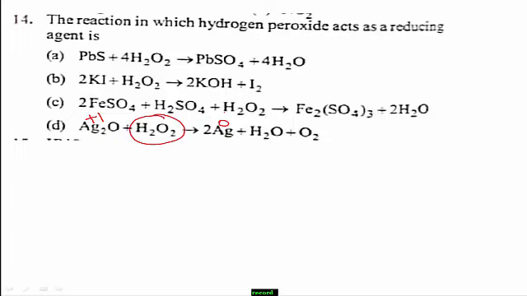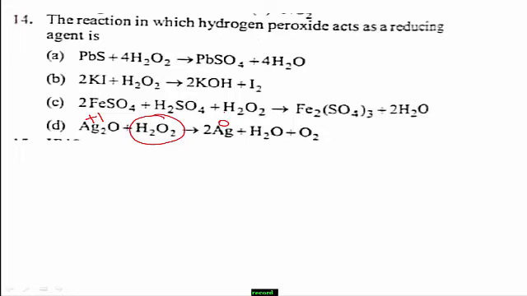Yes, remember students, here it reduces Ag from +1 to 0, while in the rest it acts as an oxidizing agent.